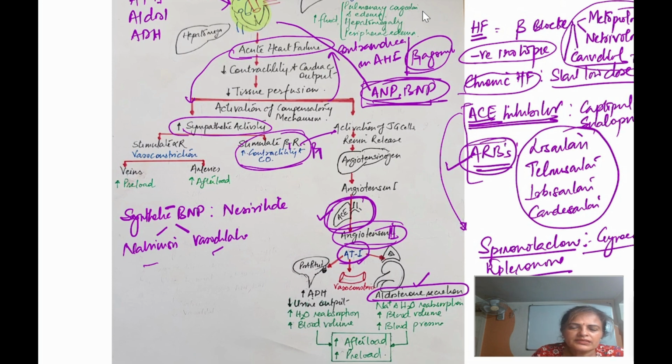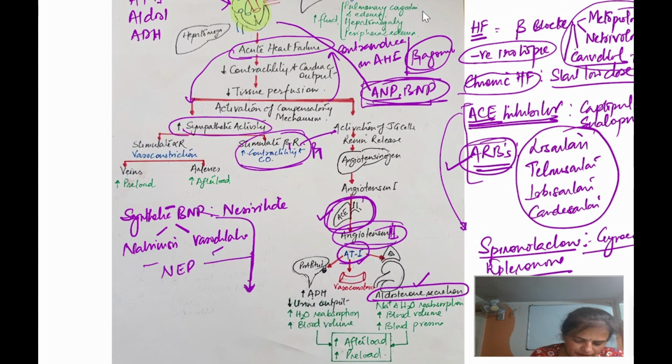The second thing is that ANP and BNP are metabolized by neutral endopeptidase, NEP. They are metabolized by neutral endopeptidase very fast.